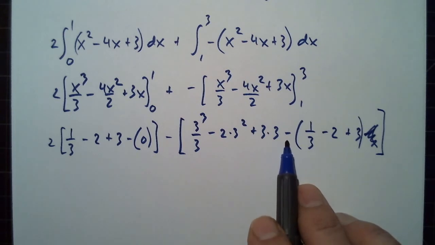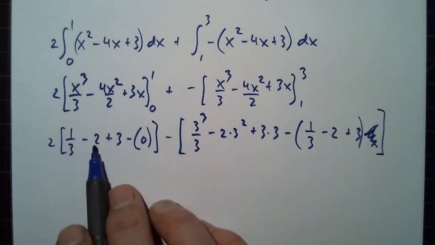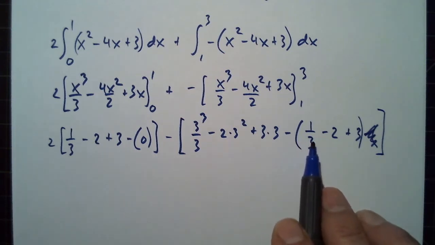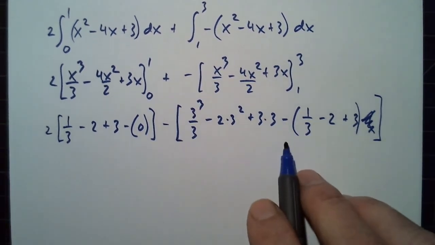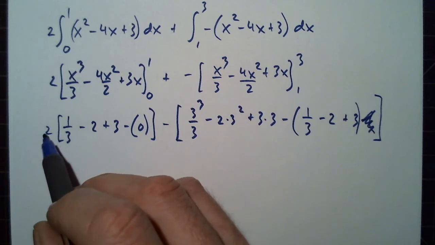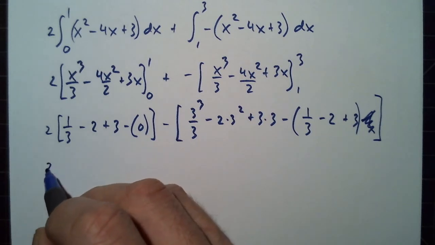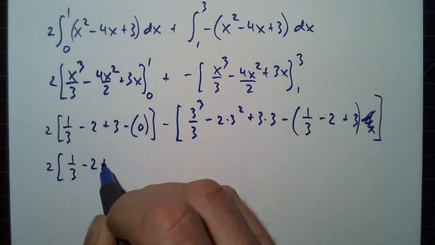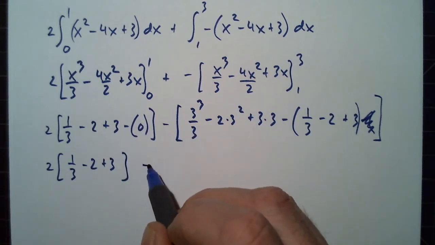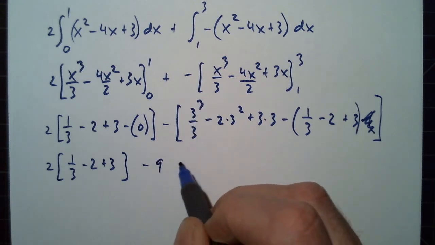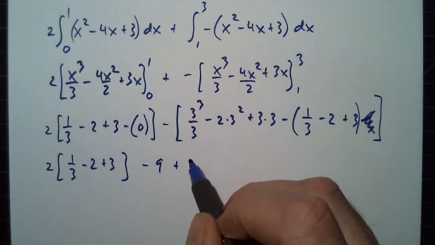So let's see if there are any shortcuts we can do here. If we have 2 of these, 1/3 negative 2, 3, and we have 1/3 negative 2, 3, we can get rid of some of the arithmetic by just canceling or combining them. So we really have positive 2 of these, and we're going to get rid of that 0. Let's distribute the negative. So it's going to be minus, and that's 27 over 3. This will be plus 18.